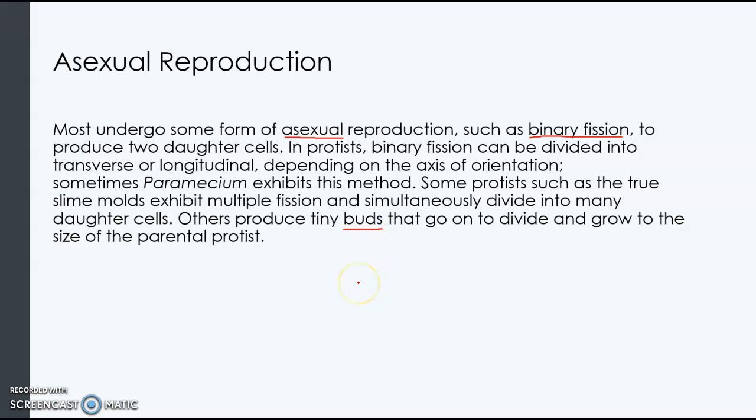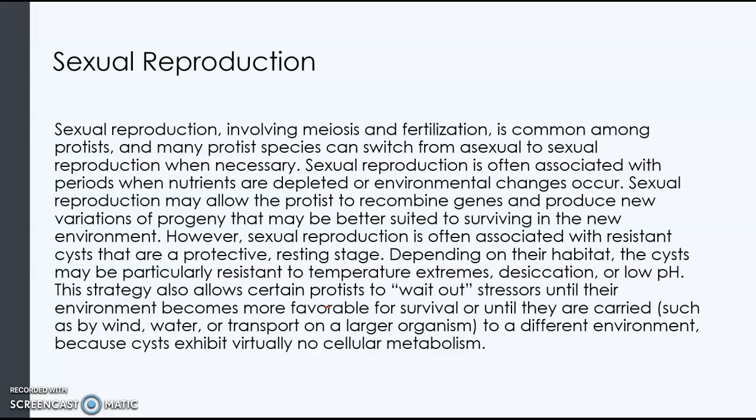They produce tiny buds that eventually pinch off and become a parent. And then sometimes they undergo multiple fission, which instead of dividing into two, they divide into many copies at the same time.